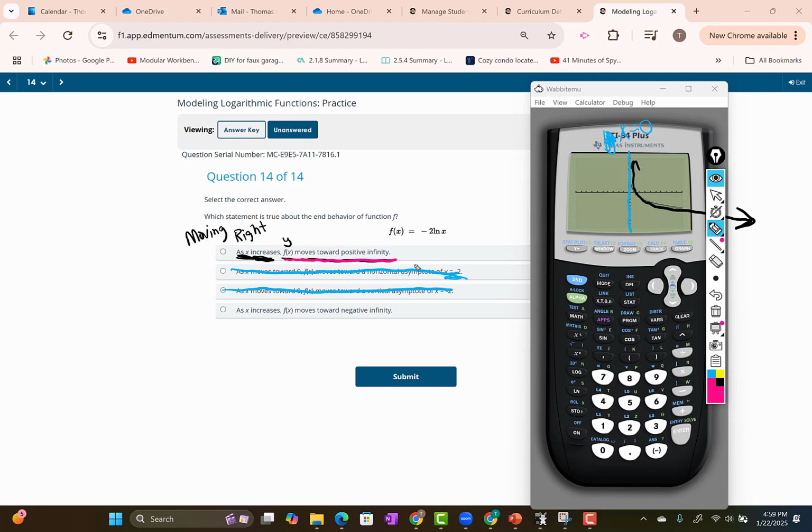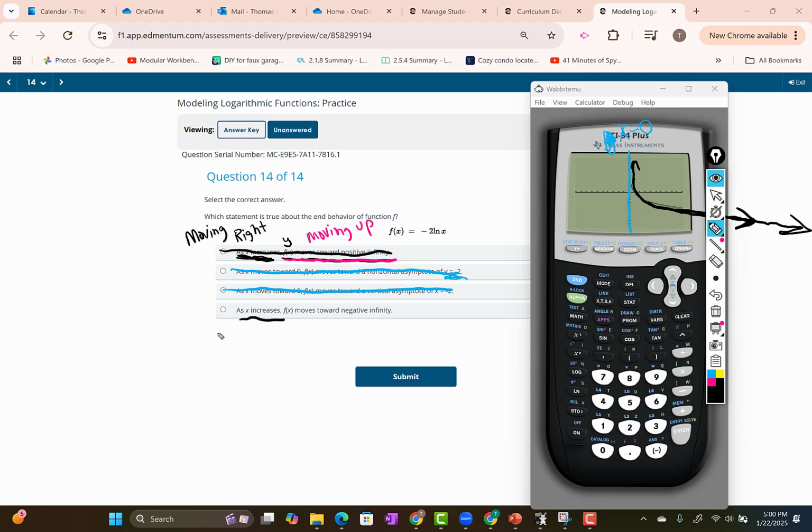Y goes up and down, so positive infinity would imply we're moving up. So the question is, as we move to the right, is this graph moving up? No. If we move left to right, we're coming this way, and we're going further down. So it's got to be choice D, but let's check it.